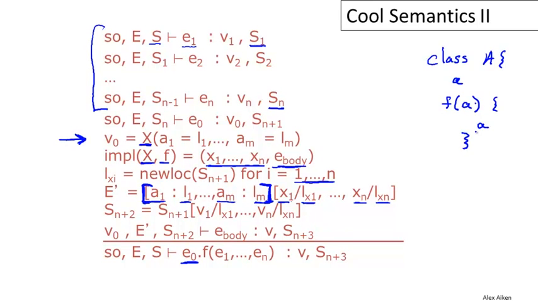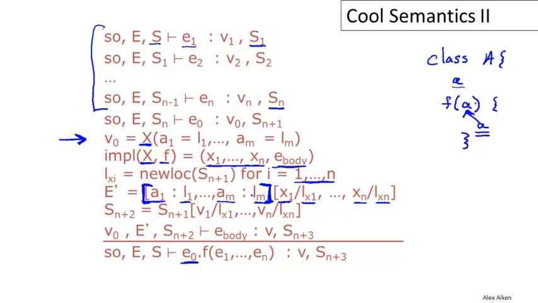And now the question is, when I refer to a inside of the body of the method, what a do I get? Does this a bind to the formal parameter, or does it bind to the attribute? We have to give one answer or the other. The answer in Cool is that it binds to the formal parameter. That hides the outer name. And that's enforced here in the rule by these updates. So if a formal parameter has the same name as one of the attributes, it will replace the definition of the attribute in the environment.